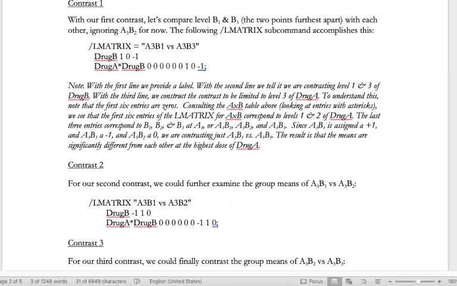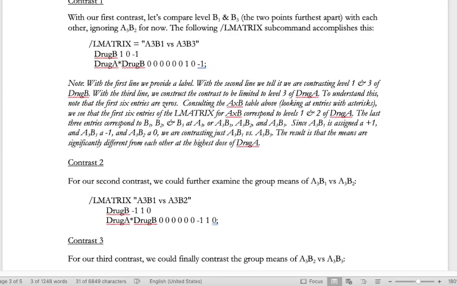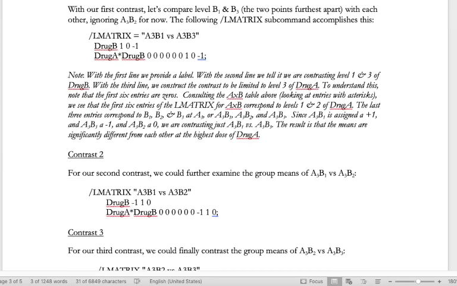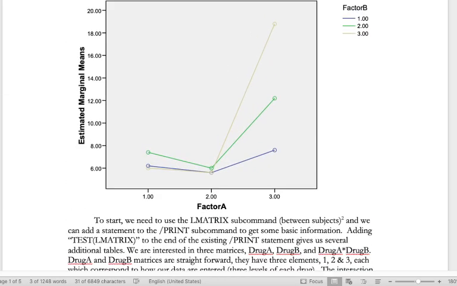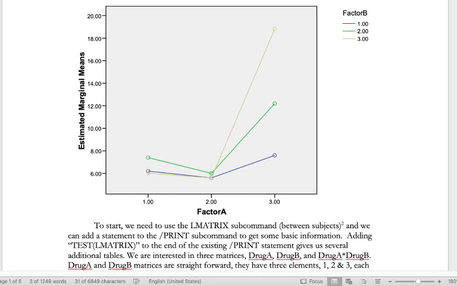Now let's look at another example. So we can also look at A3B1 and compare it to A3B2. So again, back up to here, A3B1 to A3B2, well, that's on this far right, this blue compared to the green. So we first looked at the blue compared to the yellow, now we're looking at the blue compared to the green.